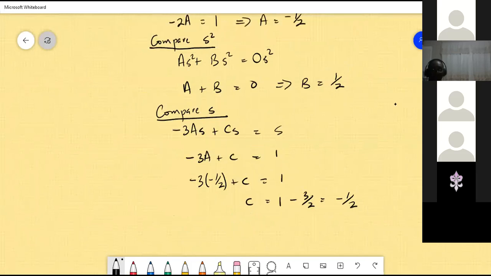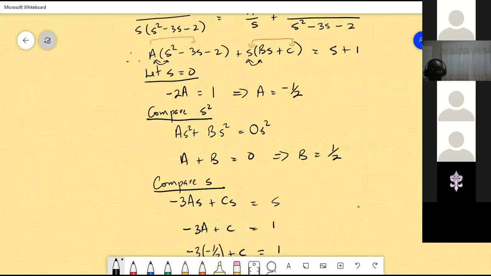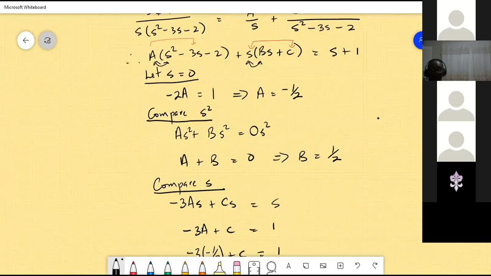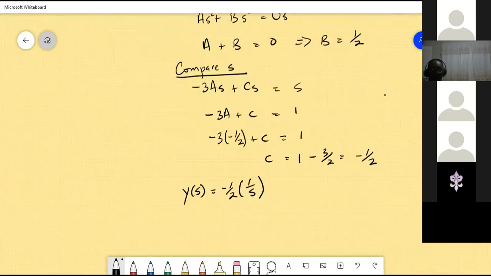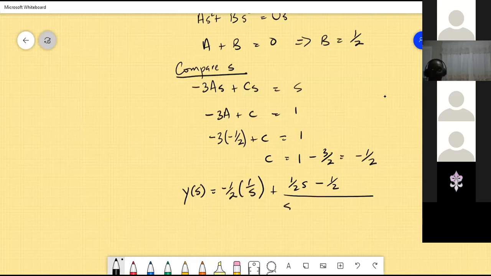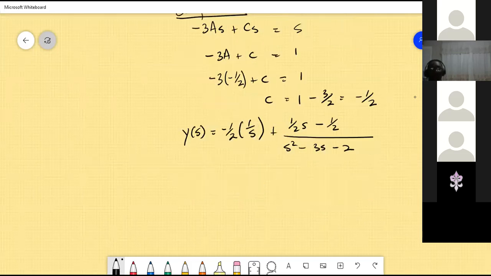So Ys is equal to a, which is negative a half, 1 over s, plus b, which is a half, s minus a half c over s squared minus 3s minus 2.